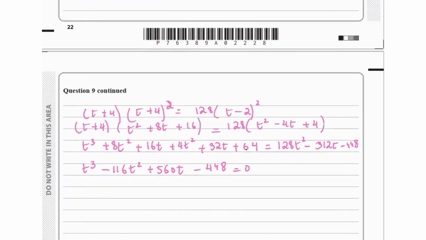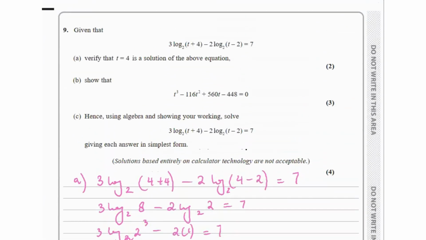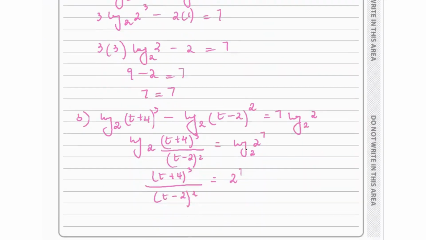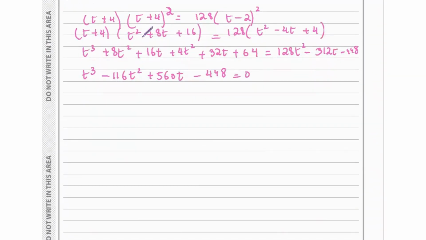So if you go back to the question, this is exactly what they wanted us to prove. Now, hence using algebra and showing your working, solve the logarithmic equation, giving each answer in simplest form. Solutions based entirely on calculator technology are not acceptable. So to find the value of t, we're going to use the polynomial that we just found in the previous part.